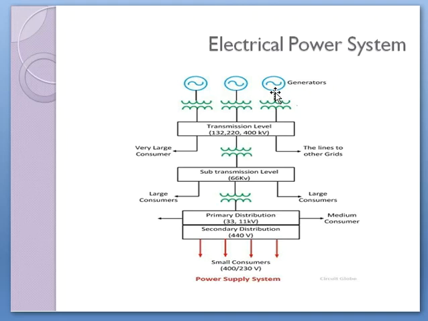So the voltage of the generator output is stepped up to a high level for transmission, and we know that the transmission is done at a very high voltage in order to minimize the losses and also to reduce the I square R loss particularly.